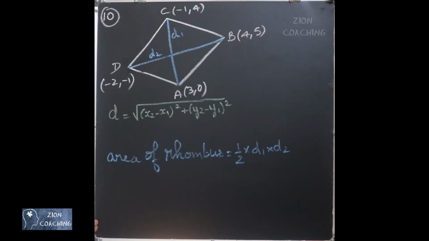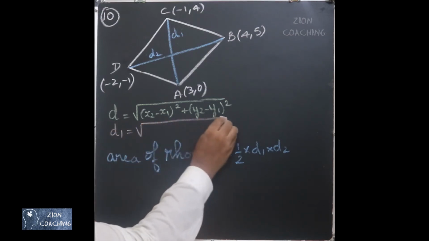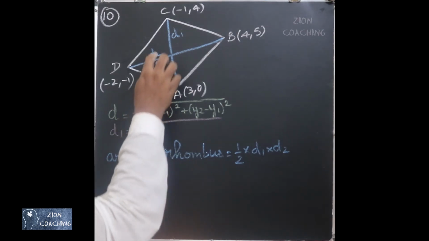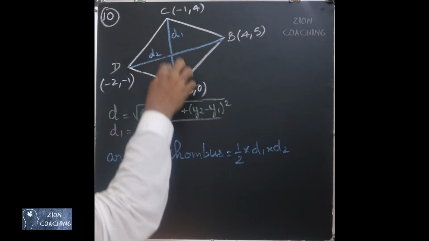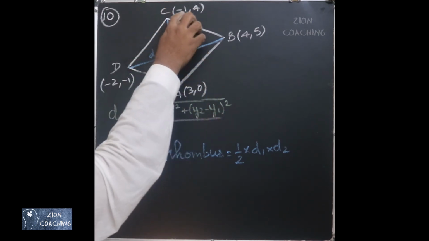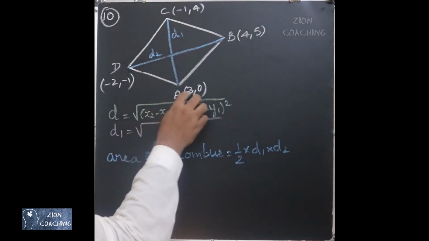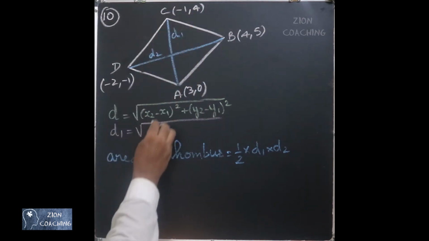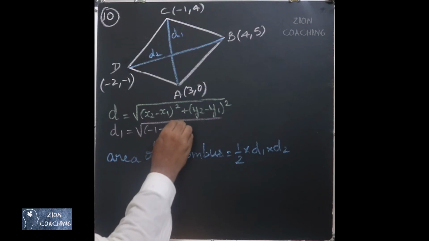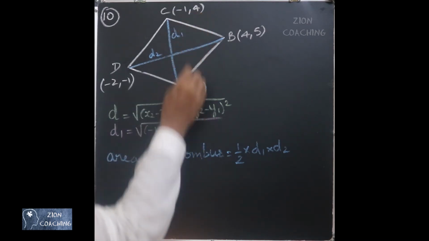Now, D1 is equal to the square root of... when you take D1, you are going to consider A and C. So this is going to be your x1, y1, and this is going to be your x2, y2. So x2 is going to be (-1 minus 3) the whole squared plus y2 minus y1. This is your y2.